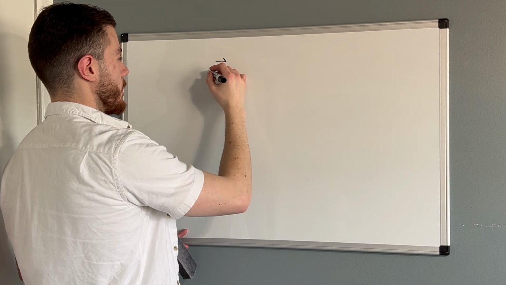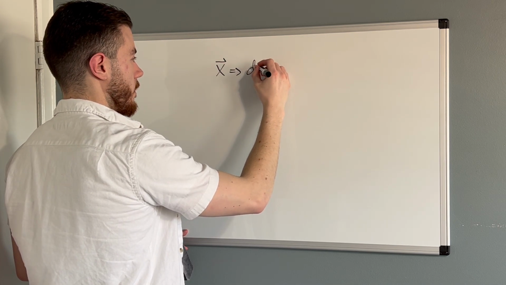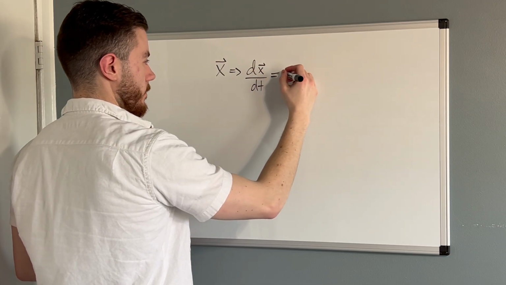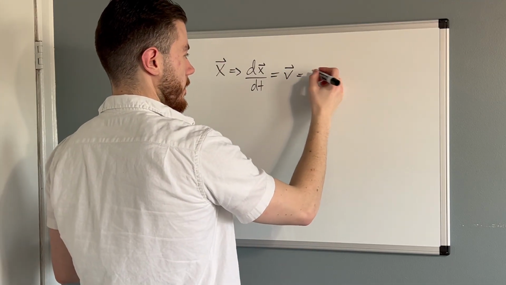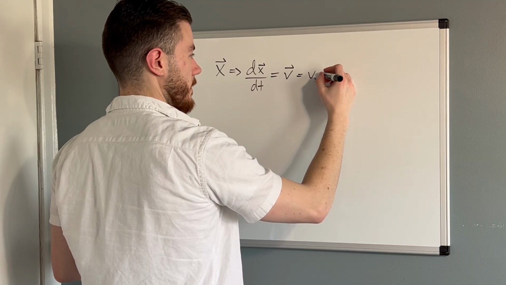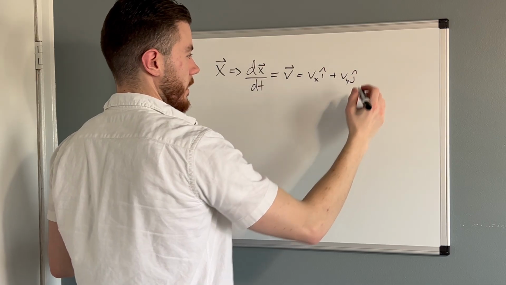So if we take the derivative with respect to time, we still get the velocity, but the velocity is also a vector, right? And maybe that has components vx in the i hat direction and vy in the j hat direction.